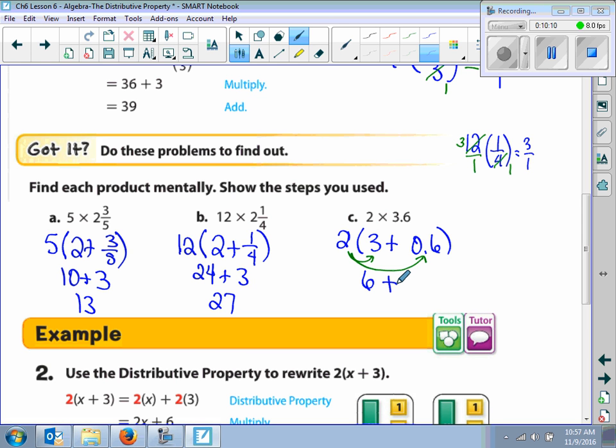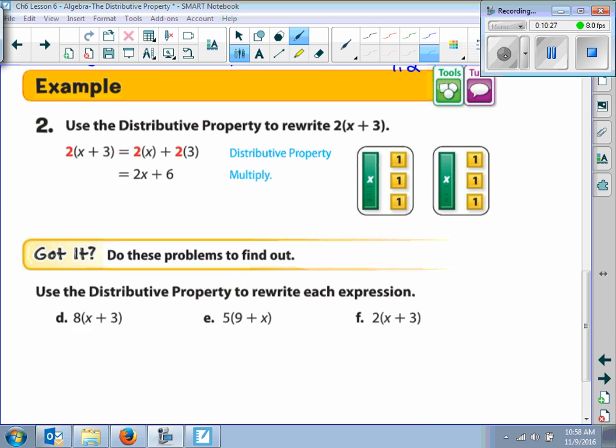Well, what's 6 times 2? 12. So this is going to be 1.2. Okay. And then 6 plus 1.2 is equal to? Very good. 7.2. So now we're going to use the distributive property to rewrite 2 times the quantity x plus 3.